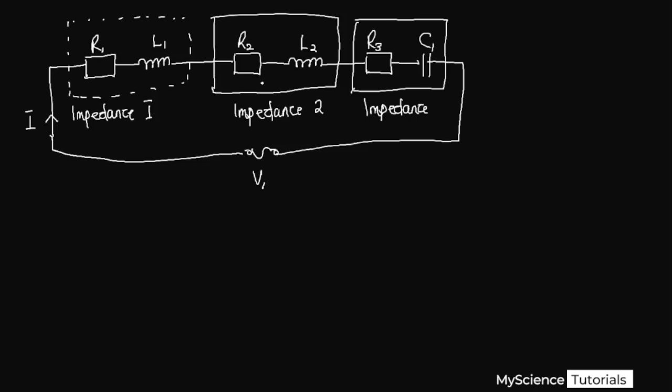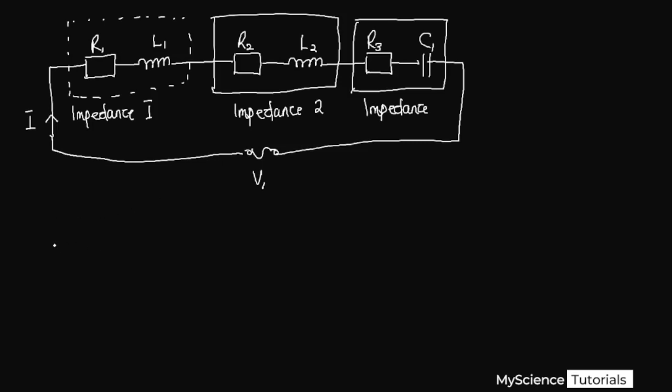We have resistor 1, resistor 2, resistor 3. The resistors are in series, so we can add all of them to have a total resistance, and we use that in our calculation. The inductors, inductor 1 and inductor 2, are in series, so we can add them to get our total inductance. Then we only have one capacitor, so we can maintain that.